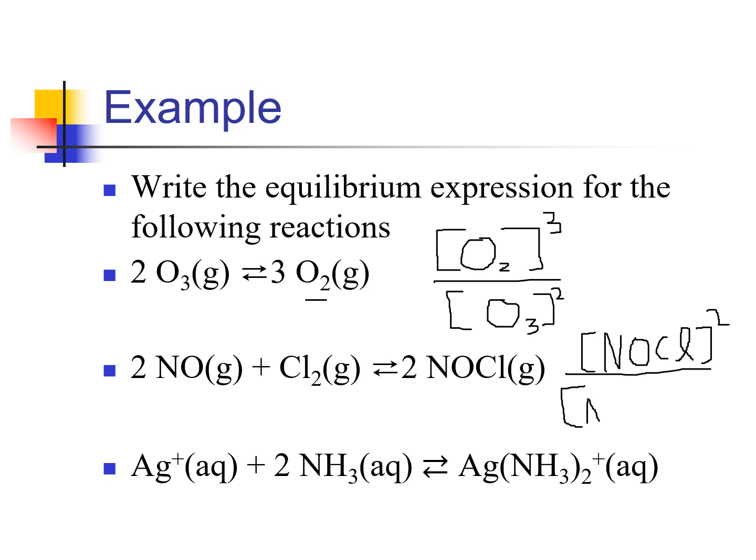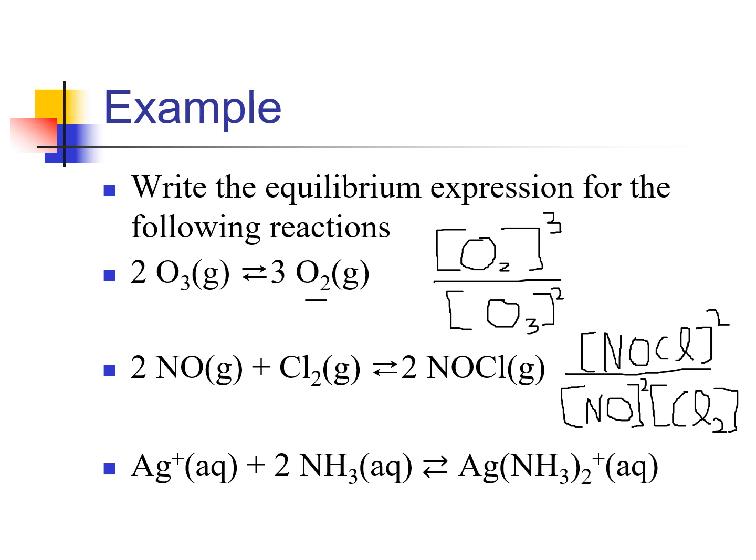I see NO, and a coefficient of 2 means the power of 2. And then we multiply that by the chlorine, and it doesn't get any power because it has a coefficient of 1.